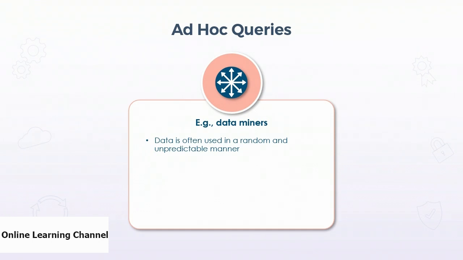Again, they're not running predefined queries or querying data on a predefined data set. Right? These are data miners, so they're really going in and they're pulling out very random queries on that data. And it's difficult to optimize or tune these queries because, again, they're so unpredictable. How do you optimize or tune something that you don't know what's going to be asked of you?